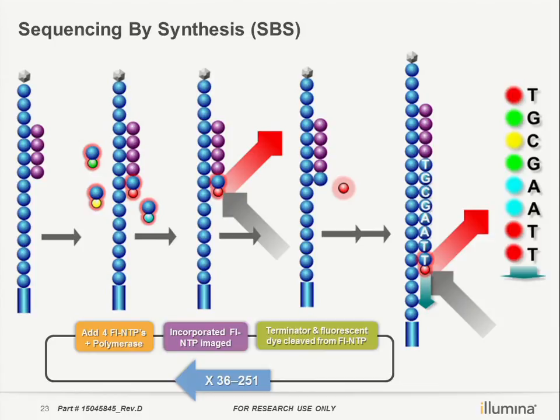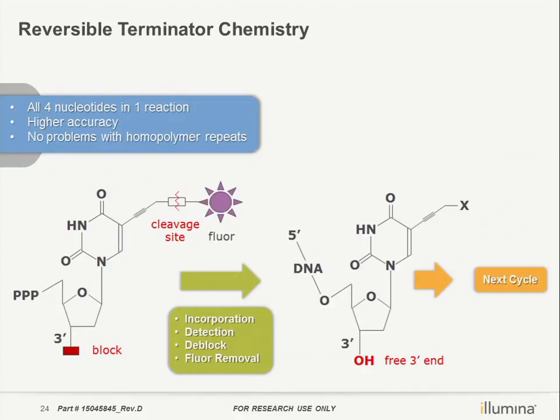And after the incorporation, we will image the nucleotide. That's because we have modified the molecule of the dNTP. We have a fluorophore incorporated into the dNTP, and we also have the 3' end blocked.